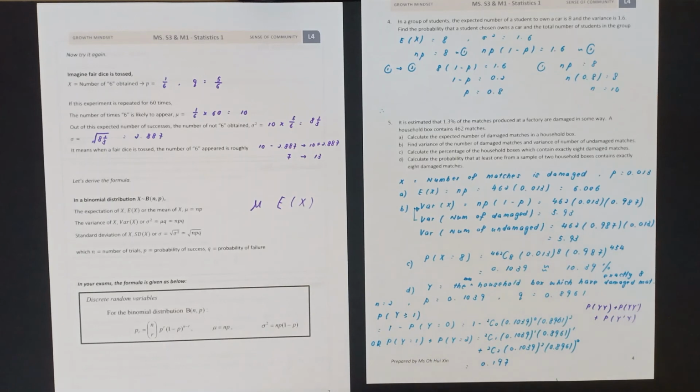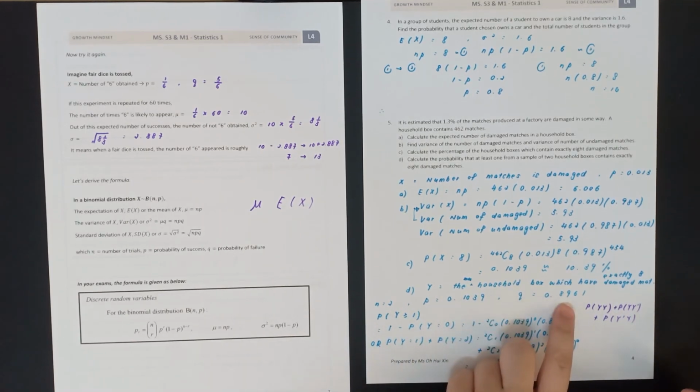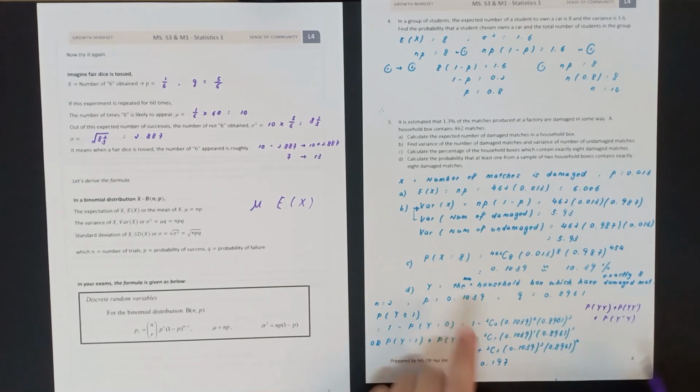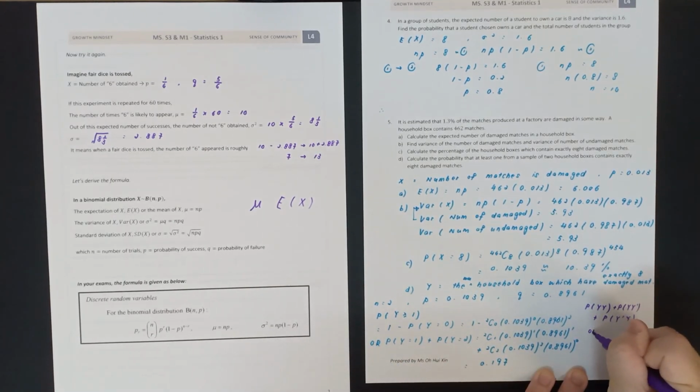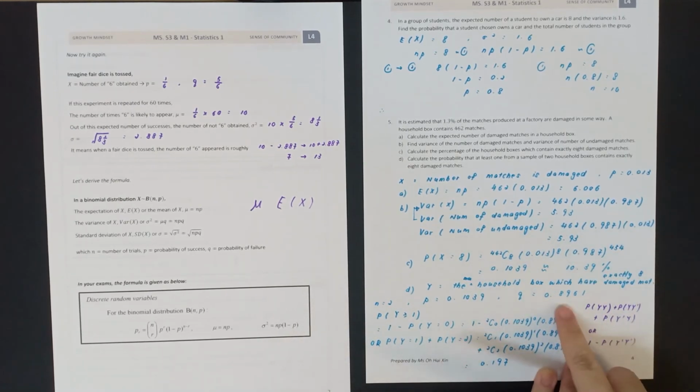I can do this also, then I get the same answer. So what happened here is 0.1039 times 0.1039, then 0.1039 times this one, then this one times this one. Or I can also use 1 minus the probability that it doesn't happen at all, meaning 1 minus this one squared, and I also get the same answer. So it depends on which approach you want to take.